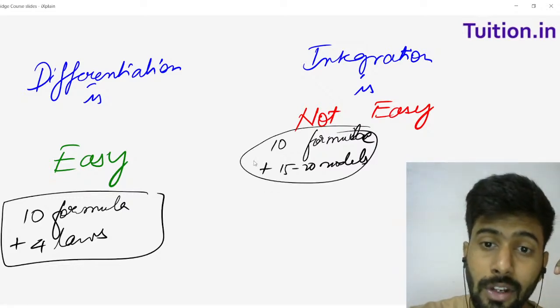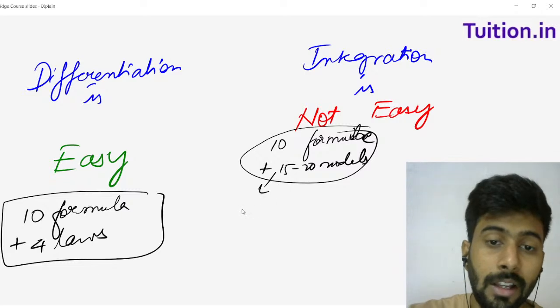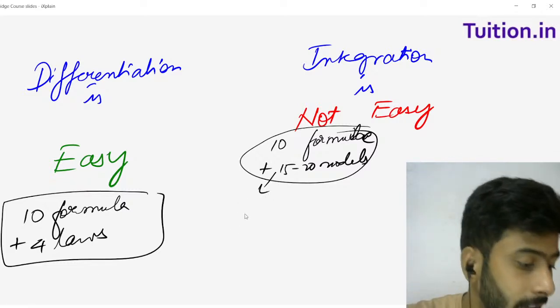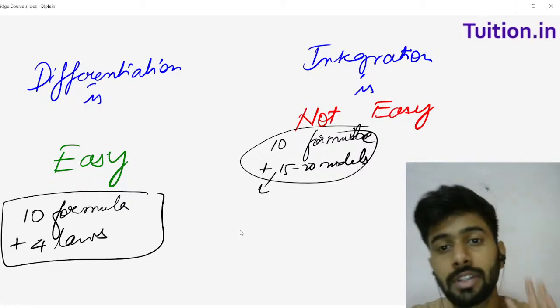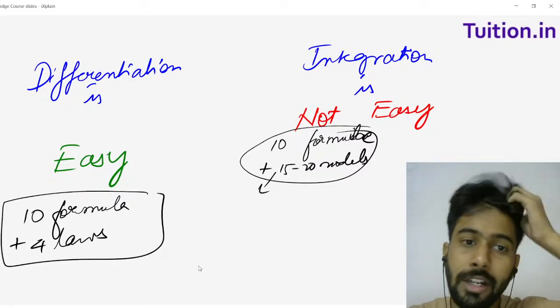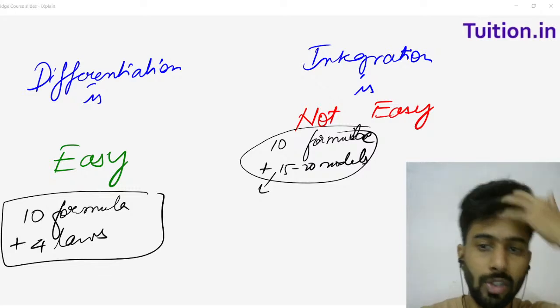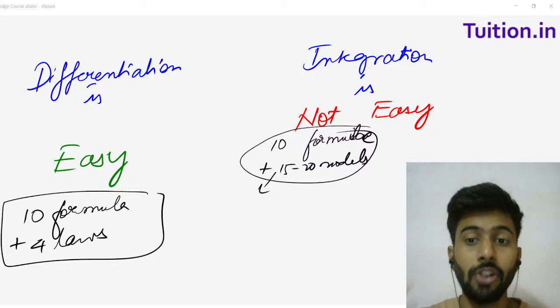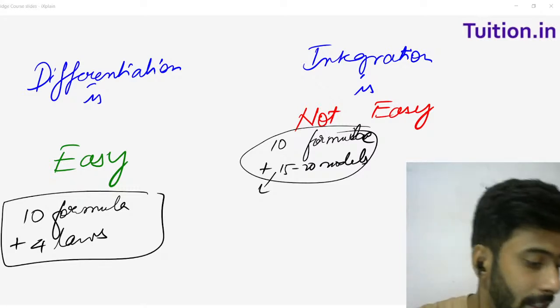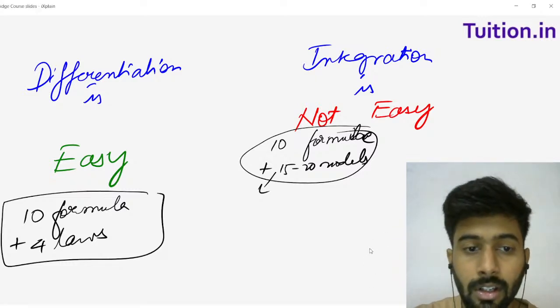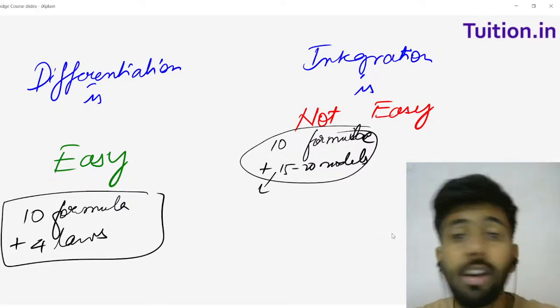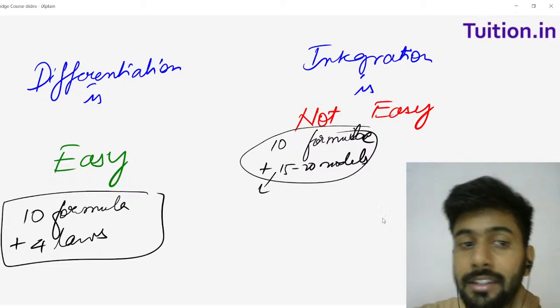And even this will not be sufficient sometimes. Sometimes you might get a function which is not even in those 10 formulae or those 15 to 20 models. Most likely it will not happen, because you will get functions which are a part of your syllabus, and your syllabus means these 15 to 20 models. So that's why it's not as direct as differentiation.